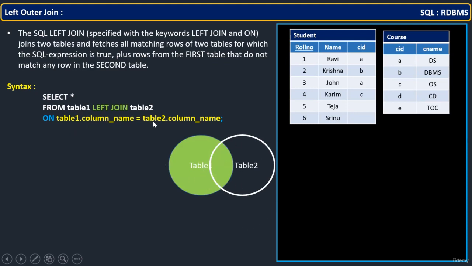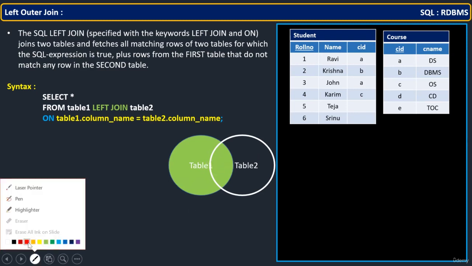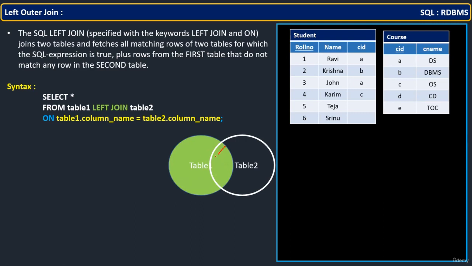It is simply like this. See, the rows satisfying this condition means this part, the common part of table 1 and table 2, because they are satisfying, meaning they exist in both the tables. And along with that, it says plus rows from the first table.